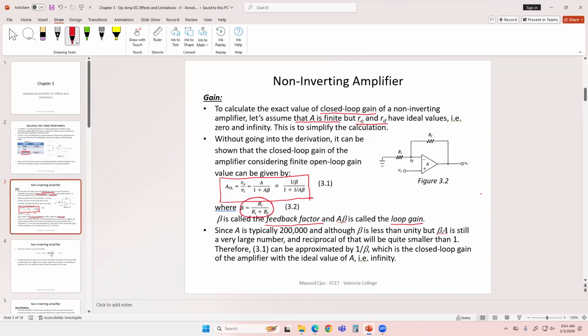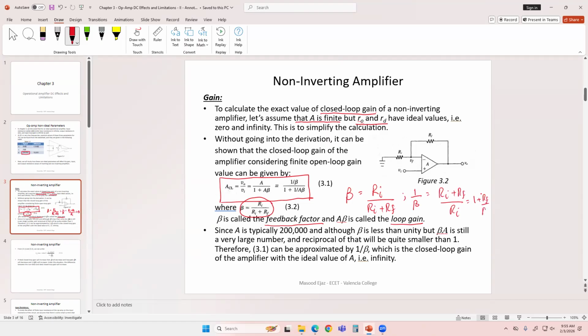And if you look at this expression, beta is the feedback factor, and it is given by Ri over Ri plus Rf. And if you look at 1 over beta, which will be the reciprocal of this, Ri plus Rf over Ri, which will be 1 plus Rf over Ri.